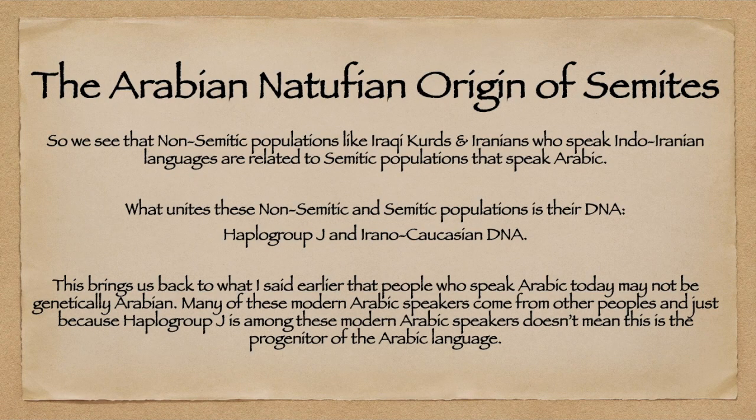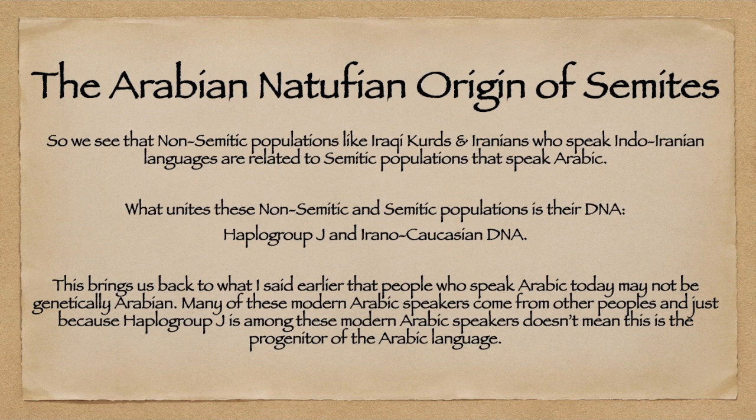Now, we see that non-Semitic populations like Iraqi Kurds and Iranians, who speak Indo-Iranian languages, are related to Semitic people that speak Arabic. What unites these non-Semitic and Semitic populations is their DNA, which is haplogroup J and Irano-Caucasian DNA. This brings us back to what I said earlier about people who speak Arabic today may not be genetically Arabian.